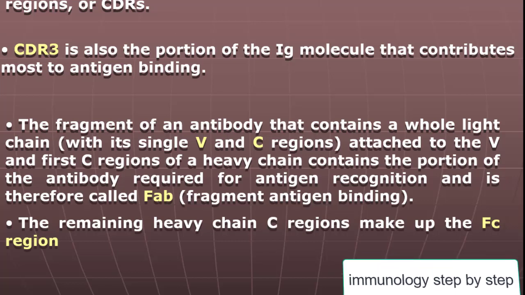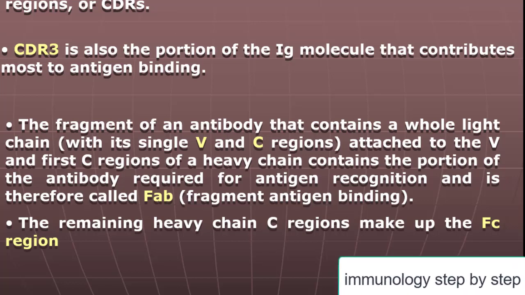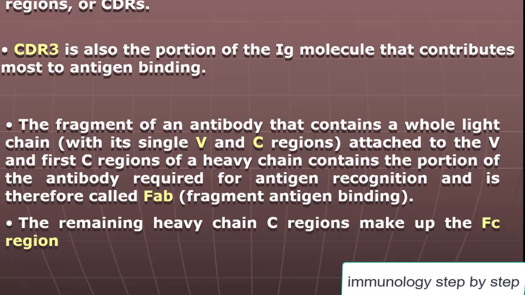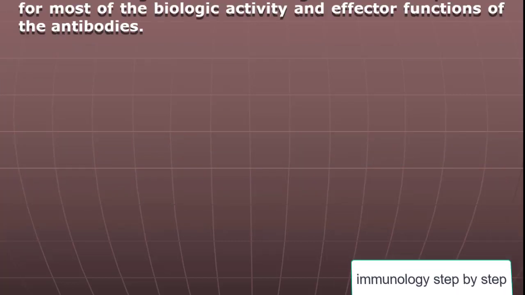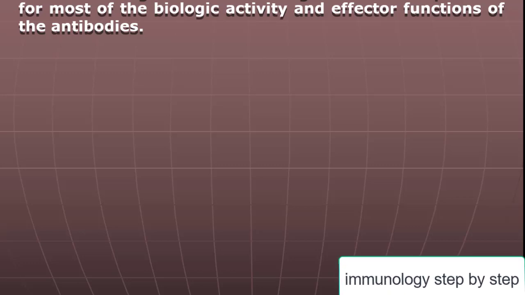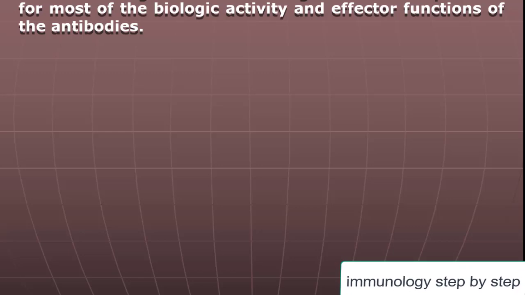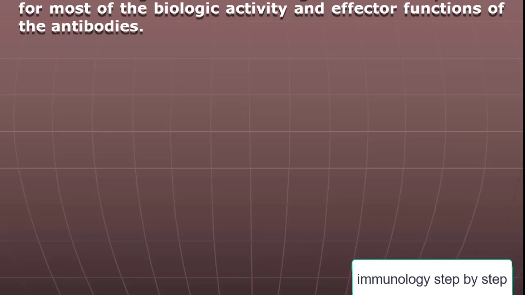The remaining heavy chain C regions make up the Fc region. In each Ig molecule, there are 2 identical Fab regions that bind antigen and one Fc region that is responsible for most of the biological activity and effector functions of the antibodies.